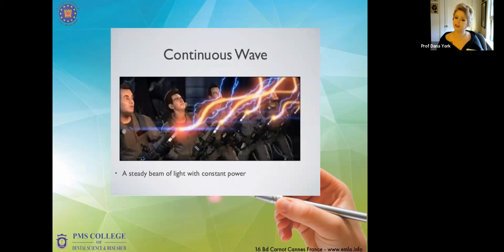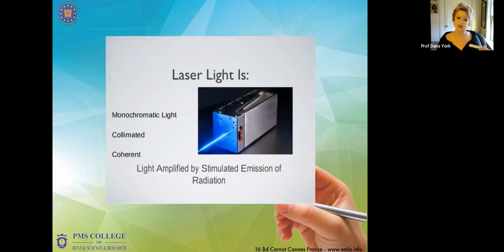But is this laser like a weapon? No, the laser is very controlled as a device. It has light that is striped, coherent, uniform, collimated, and monochromatic.